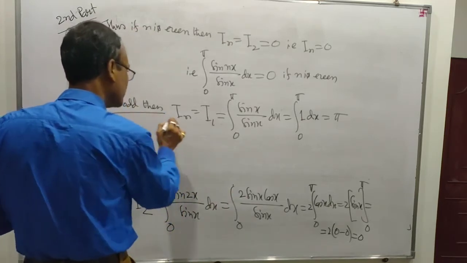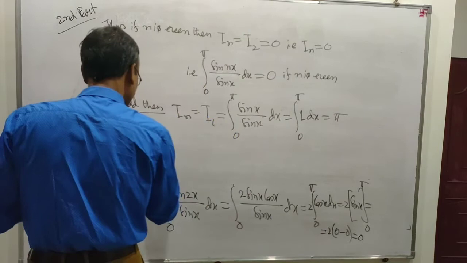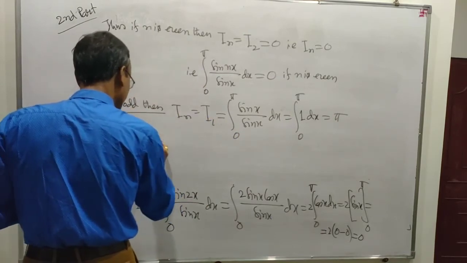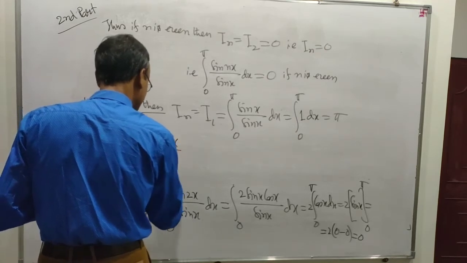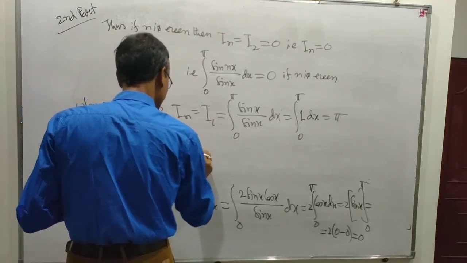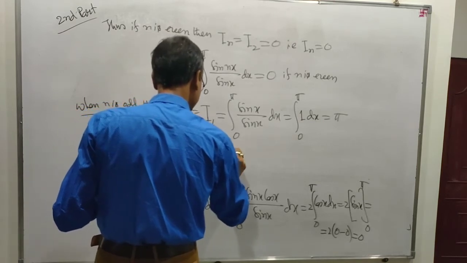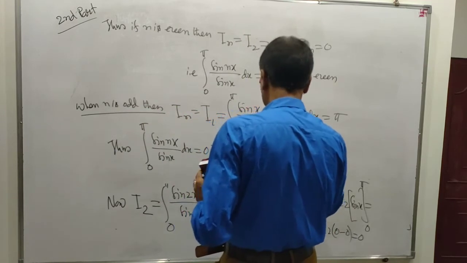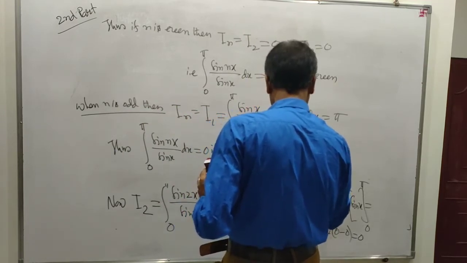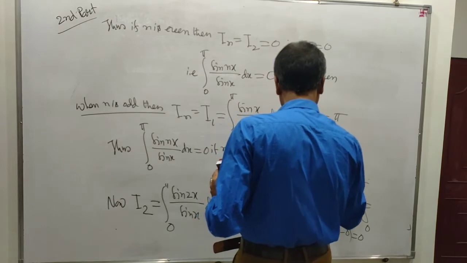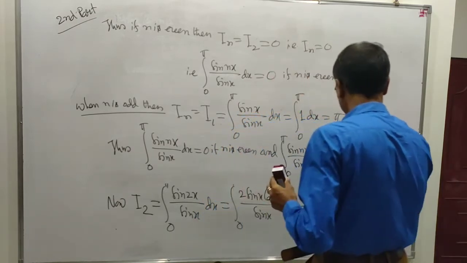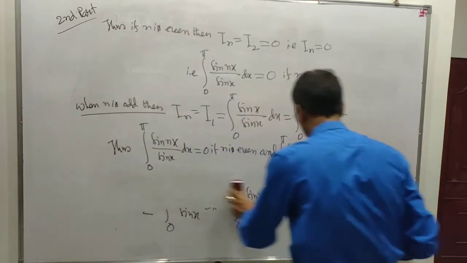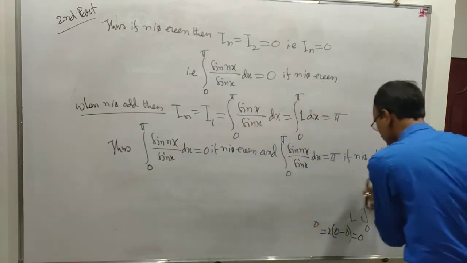Thus, integration 0 to pi sin nx divided by sin x is equal to 0 if n is even, and it will be equal to pi if n is odd. Very important result.